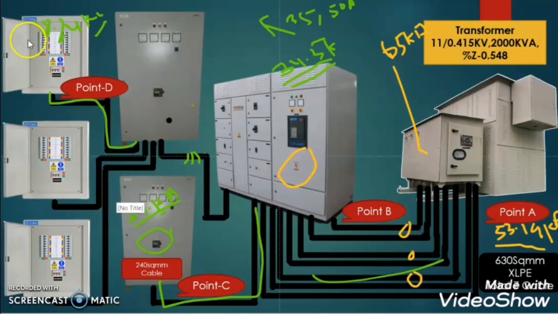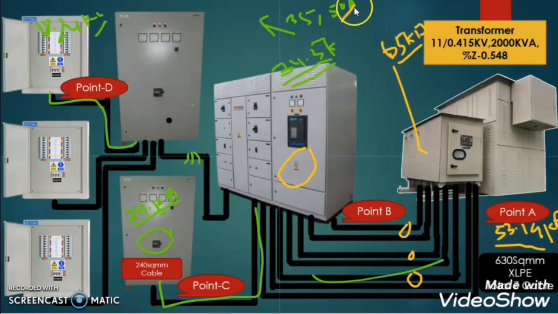Here we calculated the prospective short circuit fault current at transformer level, which is 53.14 kiloampere. So the standard breaker rating we will select at the transformer secondary is 65 kiloampere, which is higher than the calculated prospective short circuit fault current. At the MDB, we calculated the prospective short circuit current as 34.5 kiloampere.